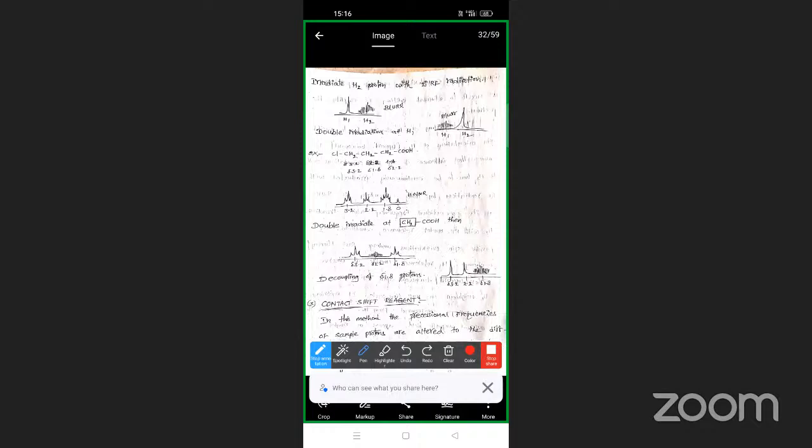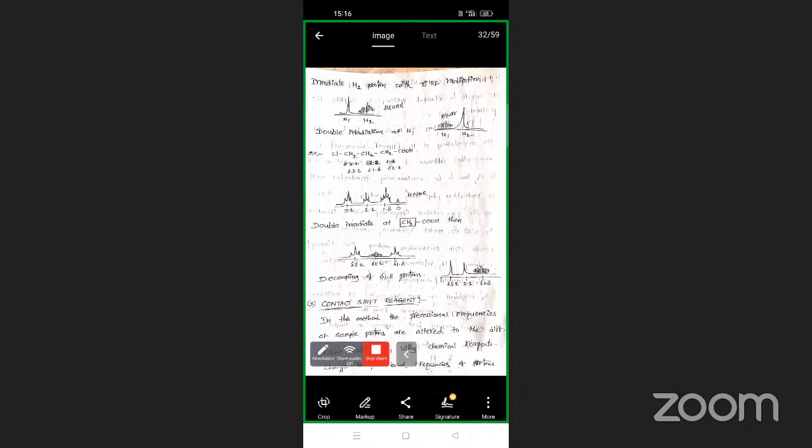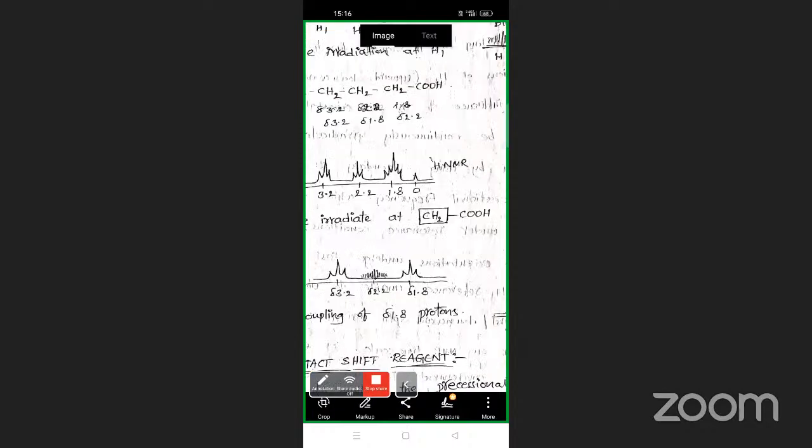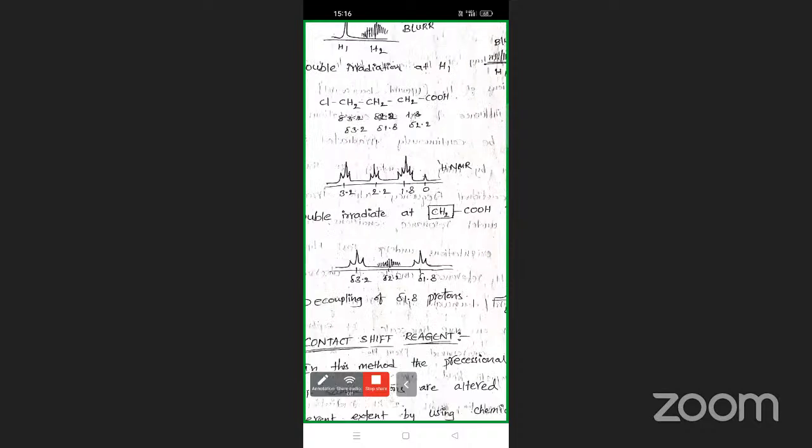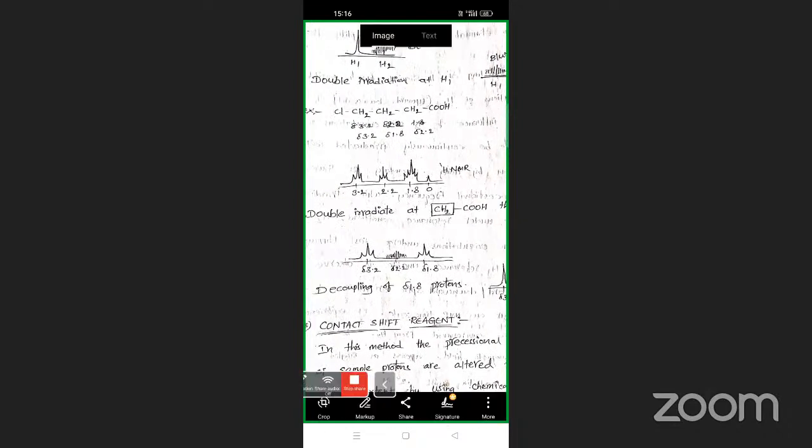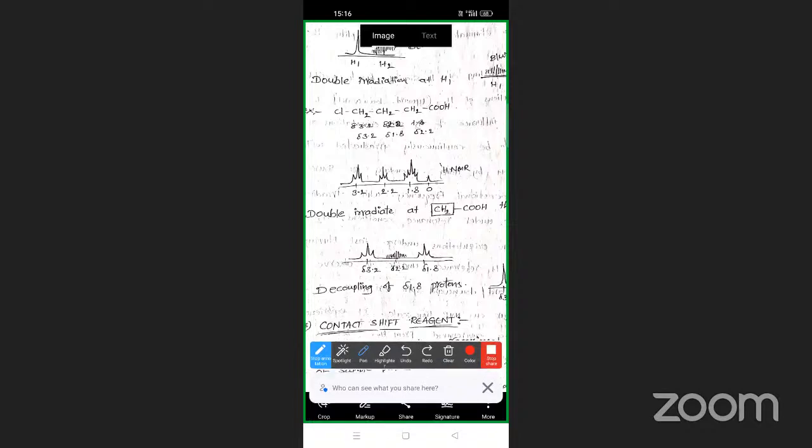For example, here, in this particular chlorobutanoic acid, the example we have taken is chlorobutanoic acid.